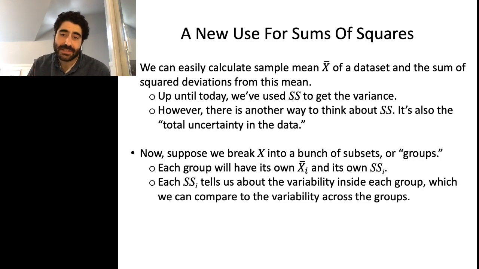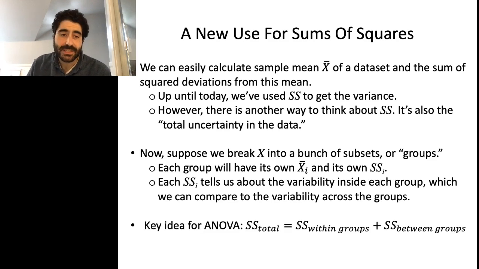And that gives us a measure of how much variability there is inside each of these groups, which we can then compare to the variability that's across all of the groups. And so the idea is that we're going to compare to what extent these deviations in the data are explainable by these group labels? To what extent can we explain the variability in our data by breaking people down into these groups?